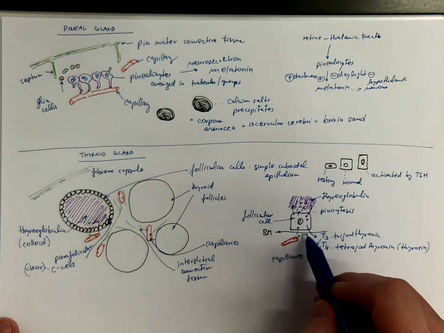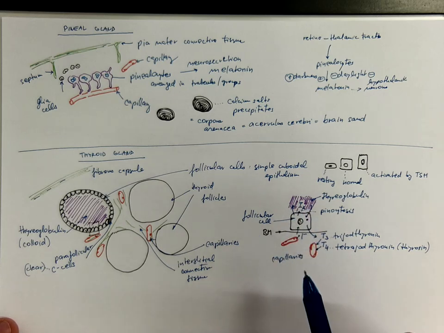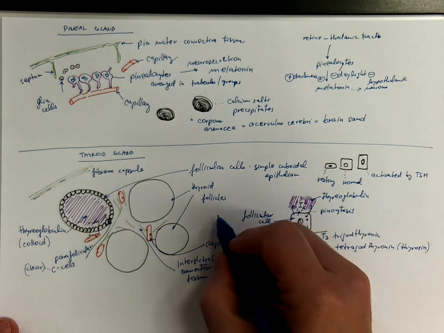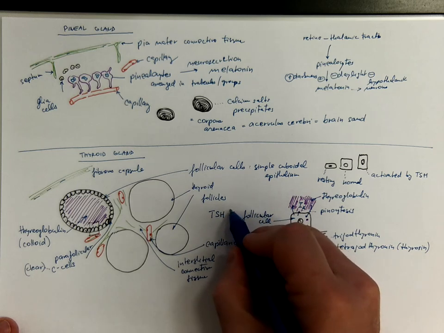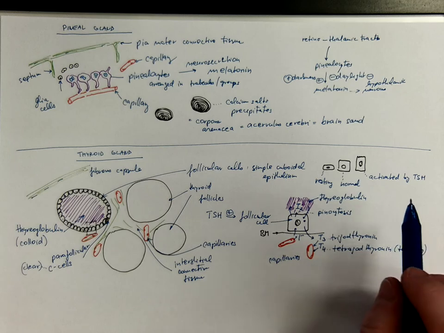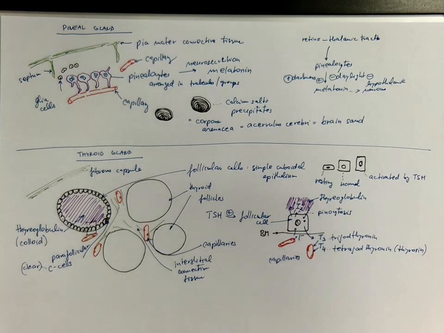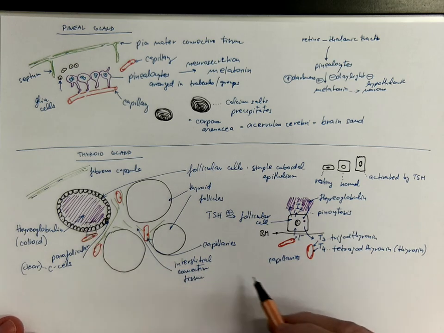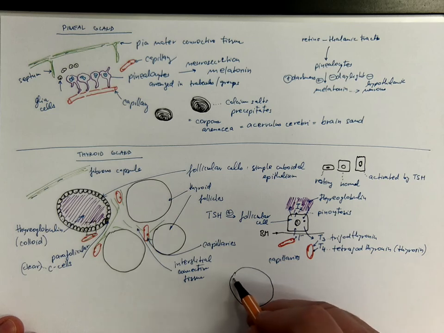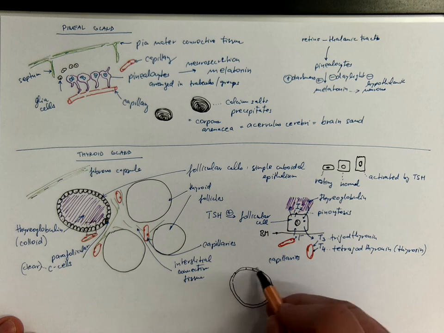Now, most of these steps are strongly promoted by the thyroid stimulating hormone of the adenohypophysis. This might result into various microscopic forms of this follicular epithelium. So upon low activation, the epithelium is more or less resting.